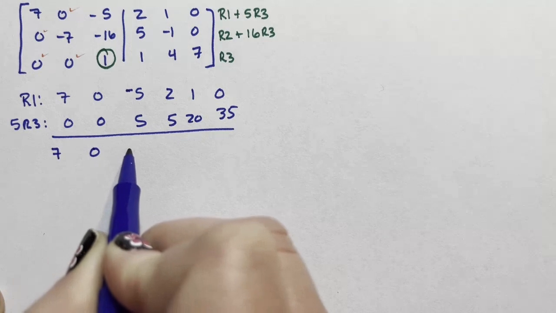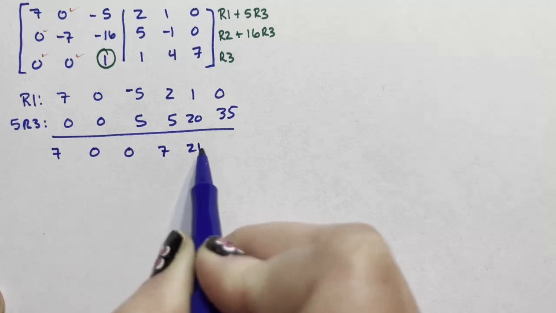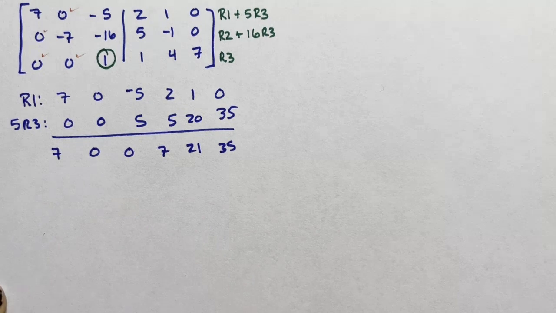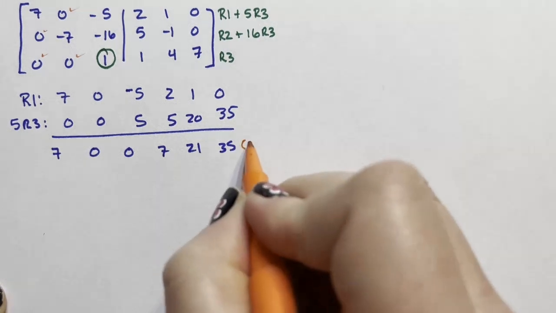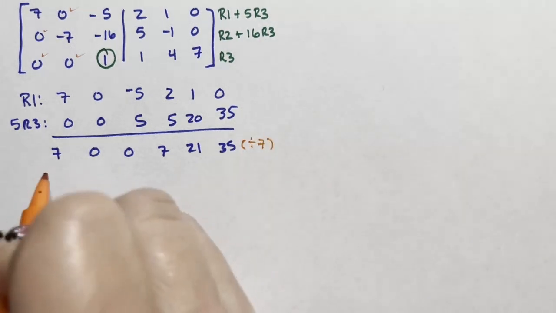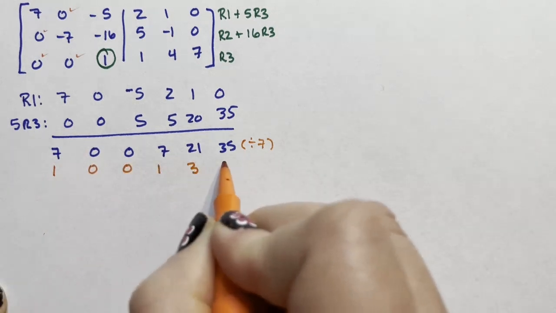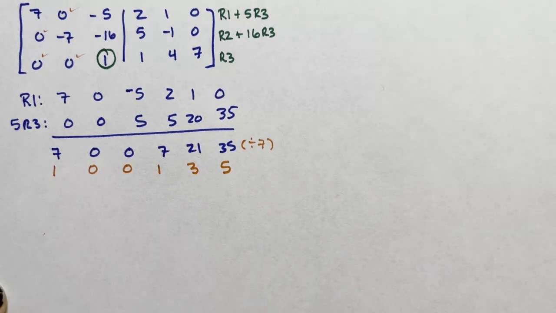That gives 7, 0, 0, 7, 21, 35. Now, I do want this to be a 1 in our very last step. We want an identity matrix on the left, so I am going to divide this by 7 at this point to get 1, 0, 0, 1, 3, 5. It is our final destination, so it is worth doing it at this point.